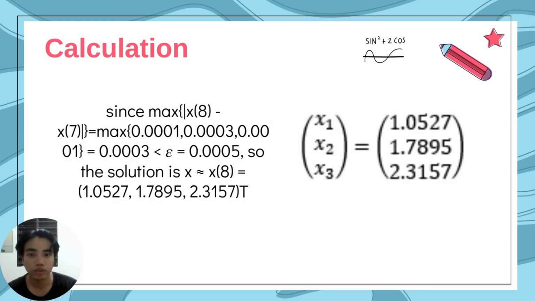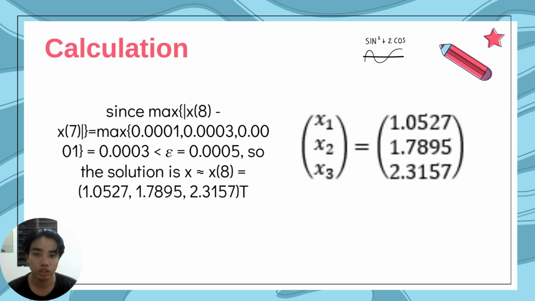Since we got the difference less than epsilon, we can write the conclusion, which is that max of x8 minus x7 equals max of 0.001, 0.003, 0.001. The max is 0.003, less than epsilon, which is 0.005.